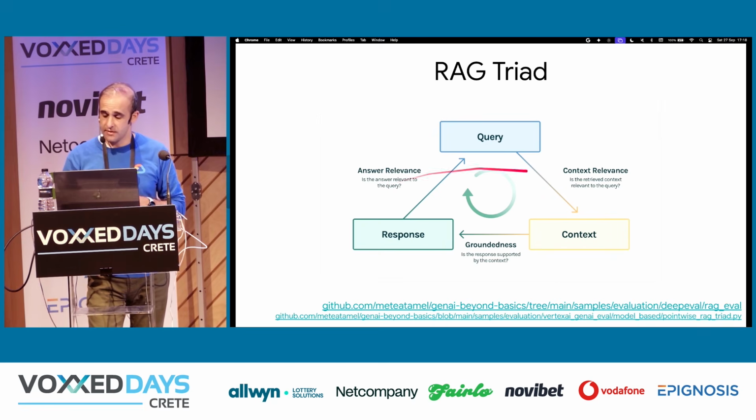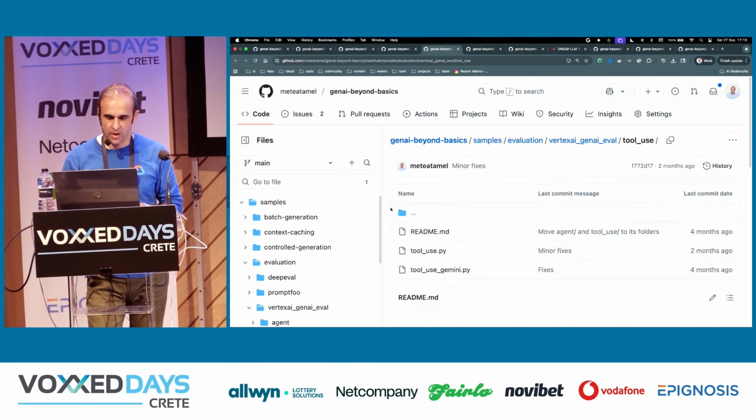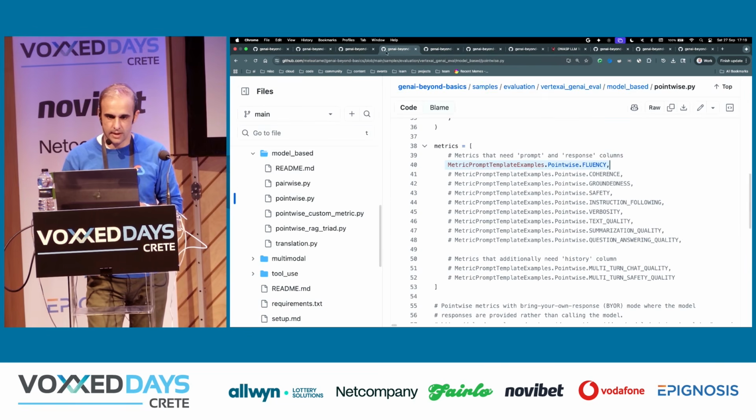And I actually have a couple of examples of this. So in DeepEval, they have these metrics out of the box that you can use to measure. And then in Gen AI Evaluation Service, you don't have these defined by default, but I show you how you can write prompts to define them. And let me just show them quickly to you. I won't run them, but I'll just show them quickly.